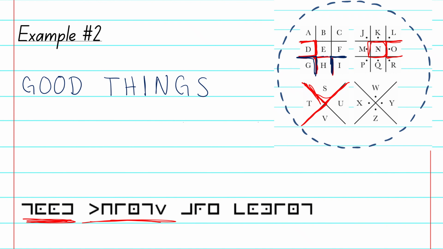Good things. Alright, let me go ahead and clean this up here. Let's move on to the next one. So this one should be the letter A, letter R, and the letter E. So A-R-E.